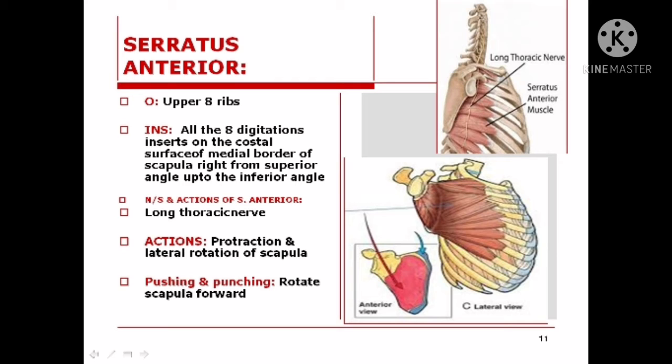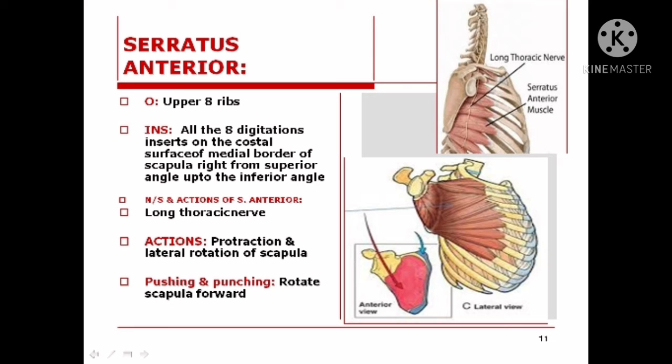It inserts upon the medial border on the under surface, that is on the costal surface, the surface which is facing the thoracic cage. All the 8 digitations insert from the superior border of the scapula along the medial border up to the inferior angle of the scapula.